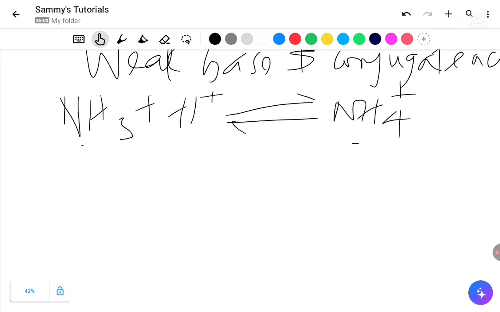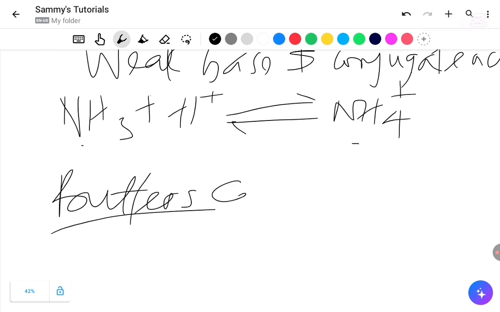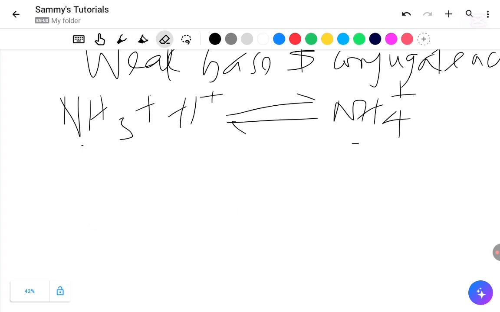All right. So what is buffer capacity? Can somebody from the congregation answer this question? What is buffer capacity?